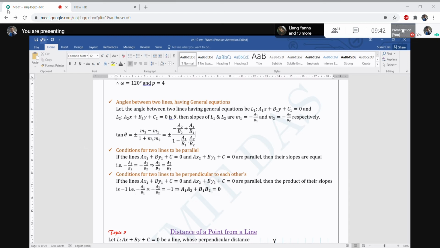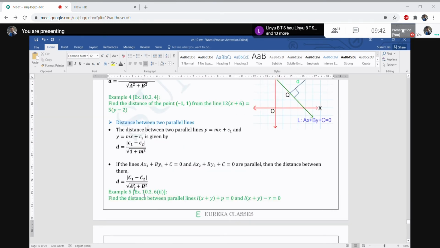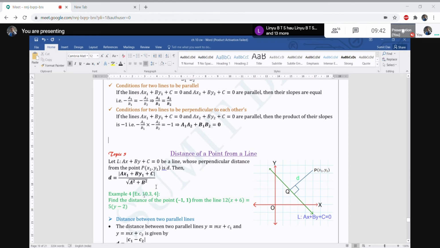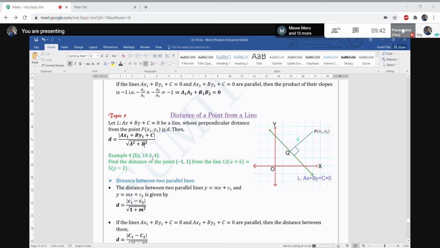So these are a few conditions that are very useful for JEE and other exams. Then our next topic, we'll do the next topic, and after that we will go to the exercise directly.